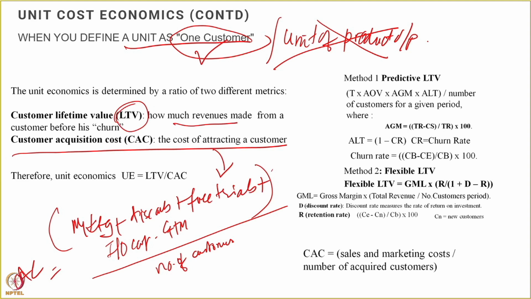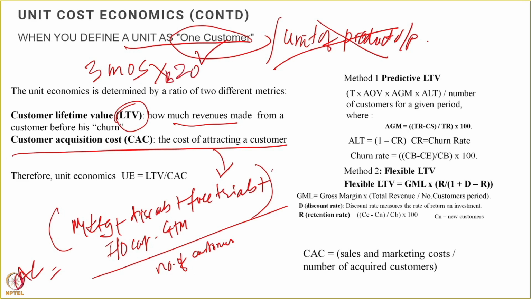This is one metric. As against that metric, we shall have in the numerator the lifetime value that the business can derive in the form of revenues from that customer. And what is the lifetime of the customer? The lifetime of the customer is how long he is going to remain your customer before he churns out, before he goes to a competitor or stops using your product.